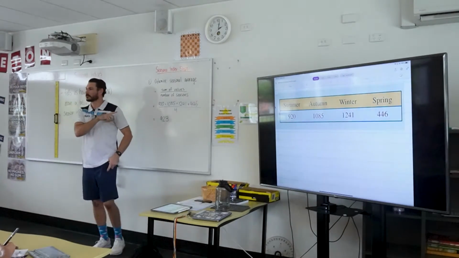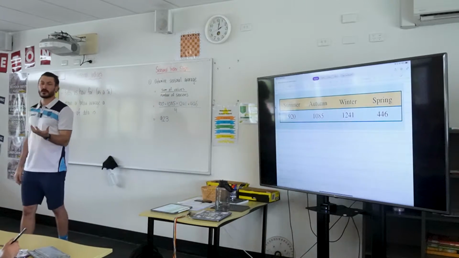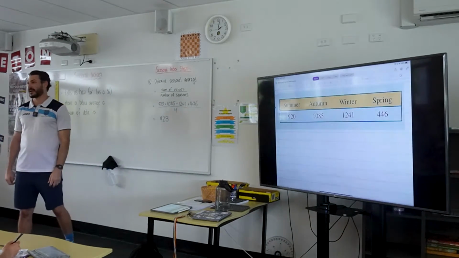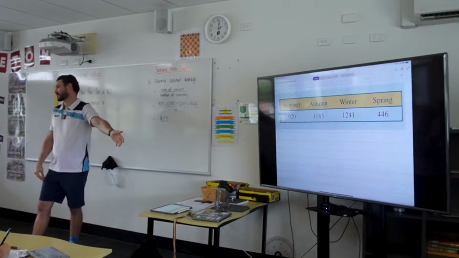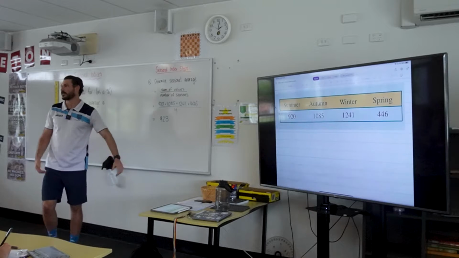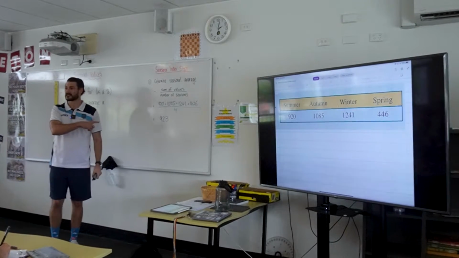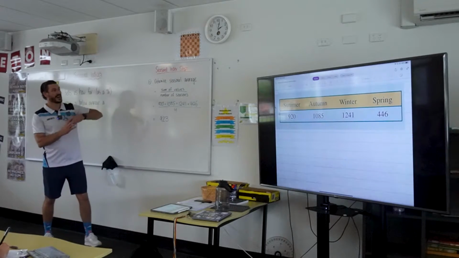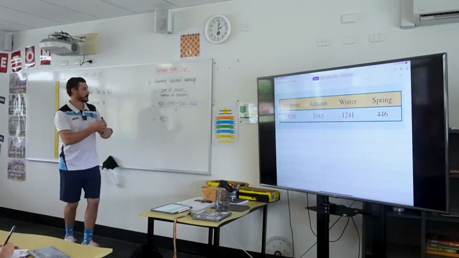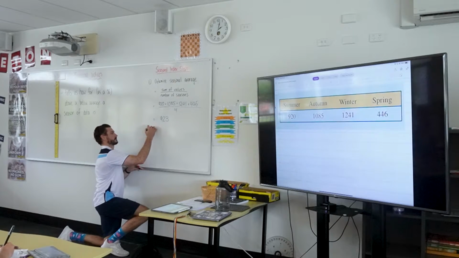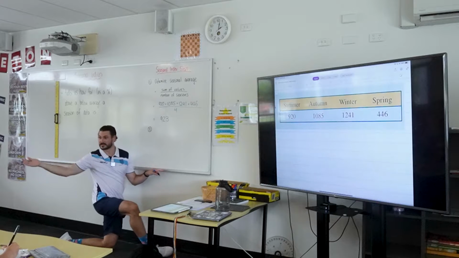So straight away you can look at these values and realise that summer is basically average, autumn's above average, winter's above average, spring is below average. We knew that anyway, but now we can quantify it by using the seasonal indices. The way we actually calculate the seasonal index itself, that decimal number, is step 2, we do what the formula we wrote down before is.